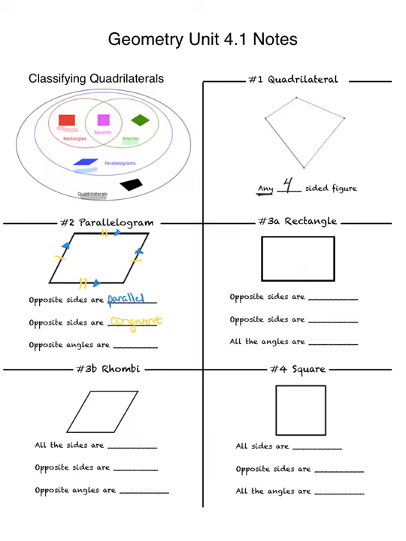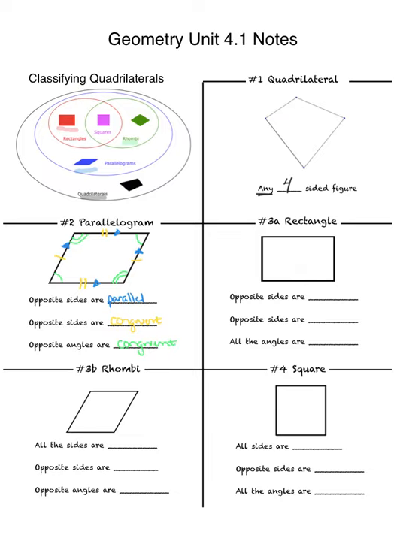We know that opposite angles are congruent. Those angles are congruent, and those angles are congruent. So every parallelogram has those properties, but not every quadrilateral has those properties.